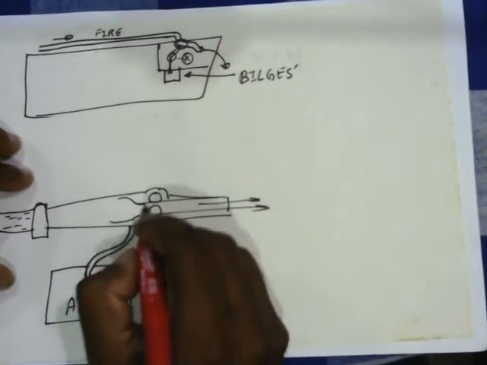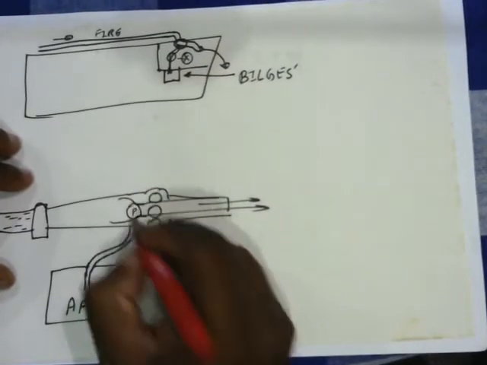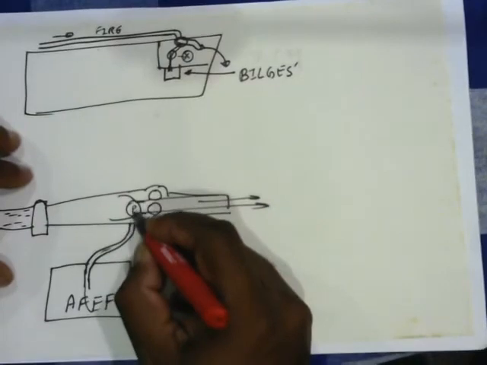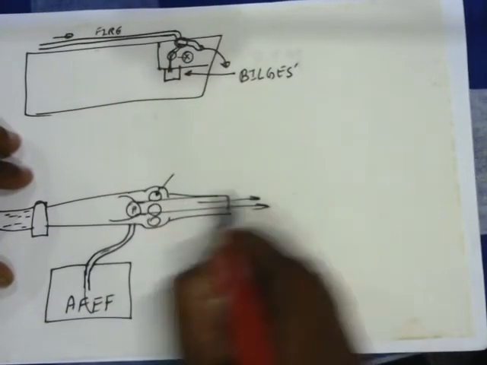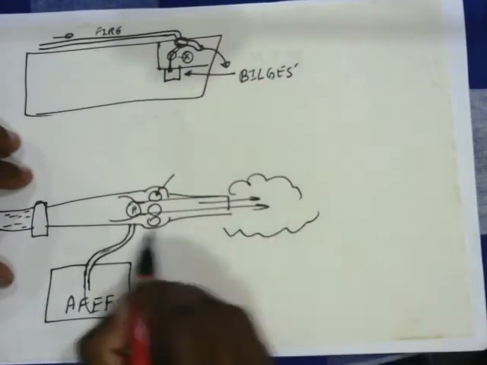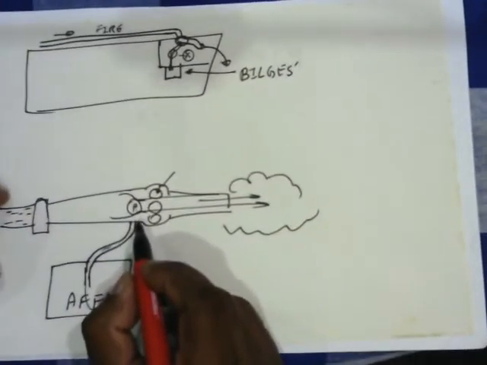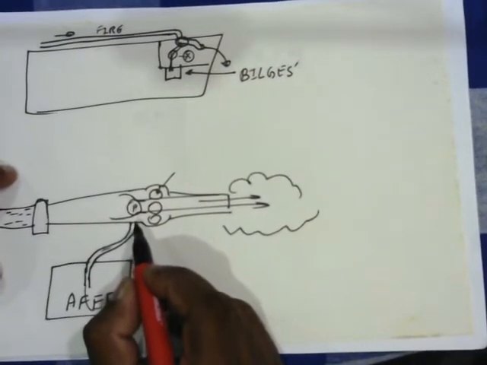In this eductor system, again a pressure drop occurs here, and this AFFF will be pushed up and get mixed with the air, and foam will be created. So the foam monitor system is also an eductor system that you can find on board.